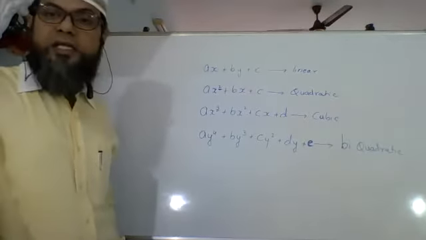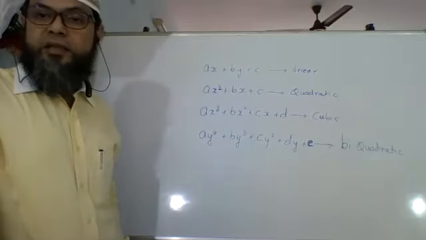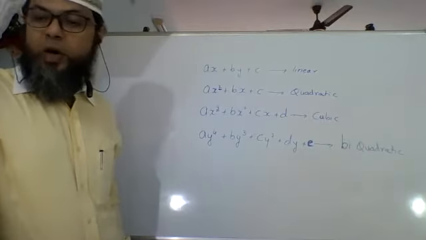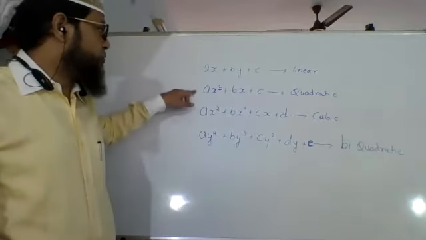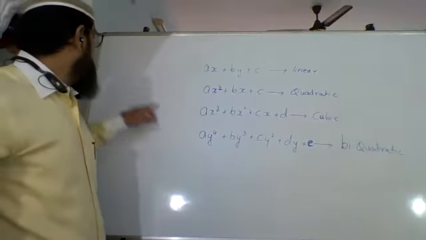This is called biquadratic. So you have linear, you have quadratic, you have cubic, and you have biquadratic.